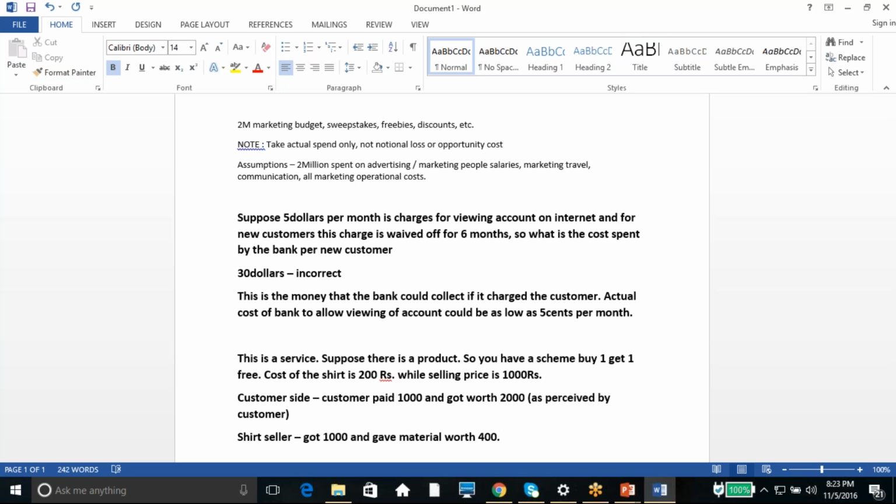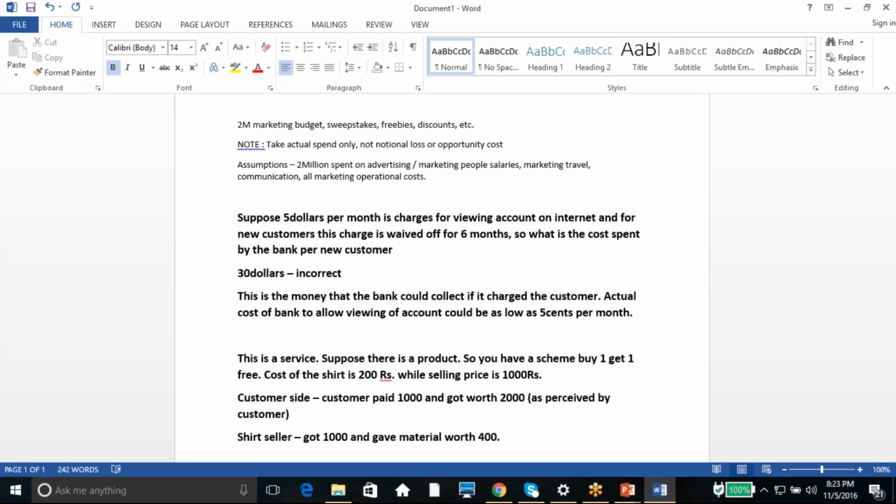Okay, so if you use the same thing on top, the customer got a waiver for 6 months for something where the perceived cost for the customer was $30. So as far as the customer is concerned, he saved $30.